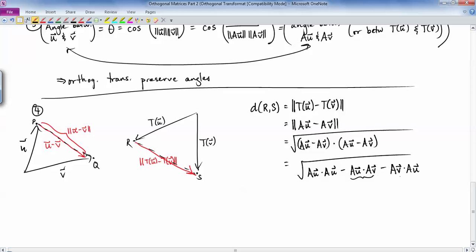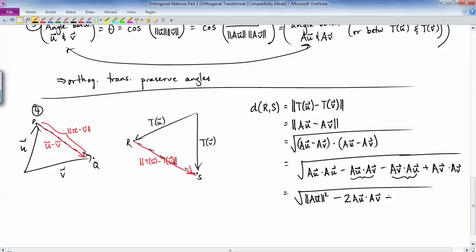And remember, these guys end up being the same thing, and they're both minus, so it's really minus 2 of them. And then plus AV dot AV. And so then this turns into the norm of AU squared minus 2 AU dot AV plus the norm of AV squared.